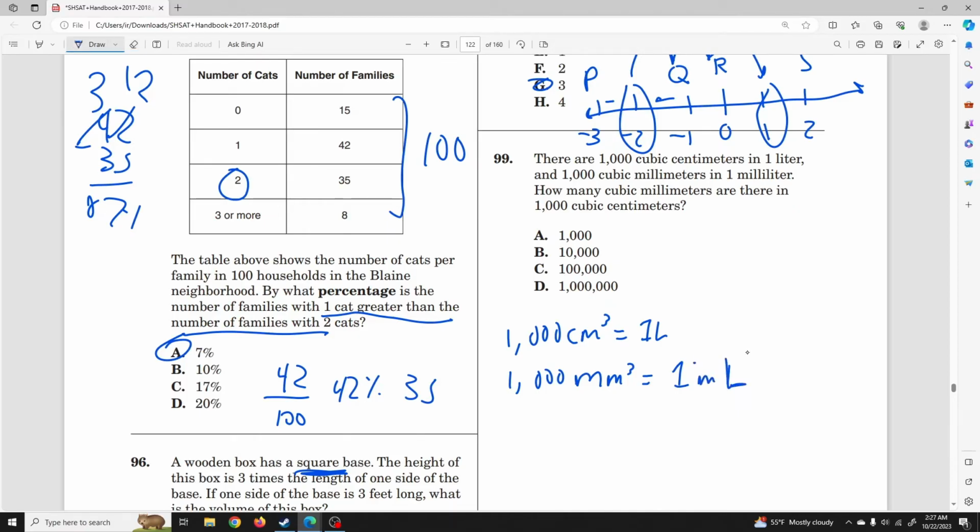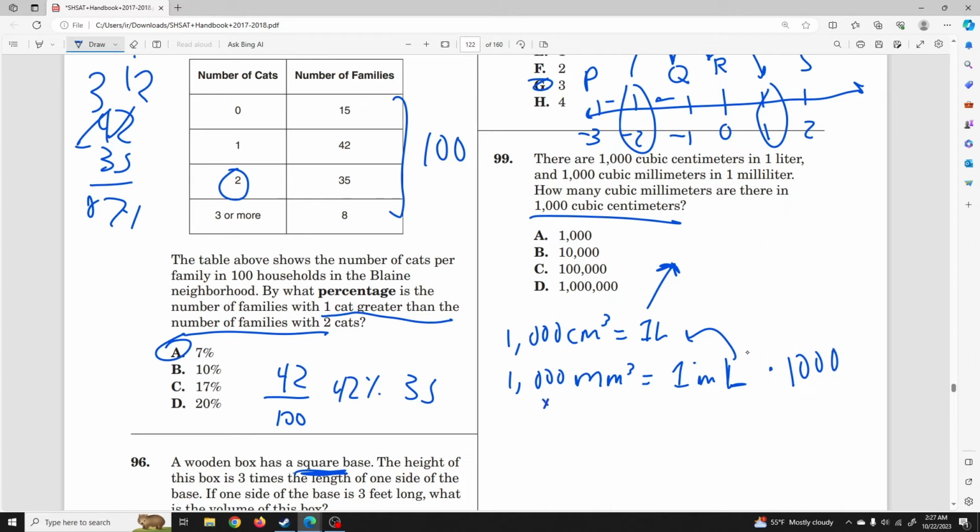How many cubic millimeters are there in 1,000 cubic centimeters, right? So we know that in 1,000 cubic centimeters, there's 1 liter of water, right? So 1 milliliter of water is, so how do we make this milliliter of water into 1 liter? Well, we multiply it by 1,000, right?